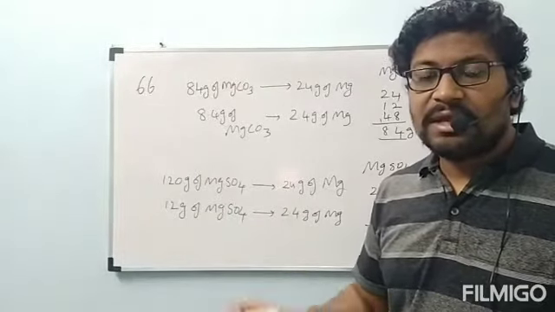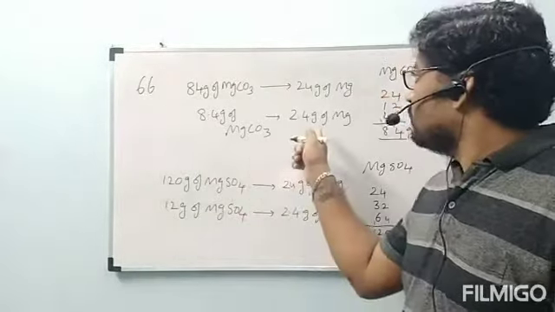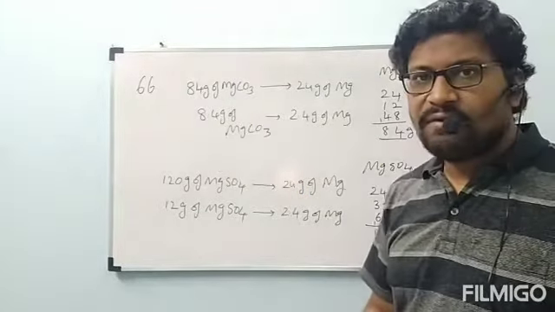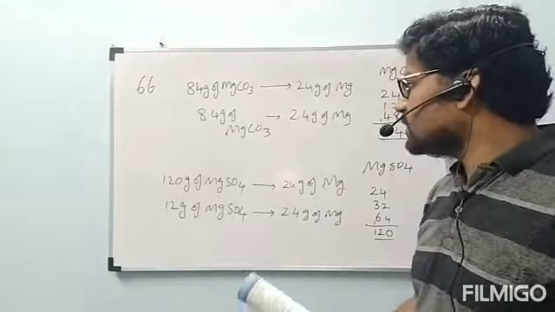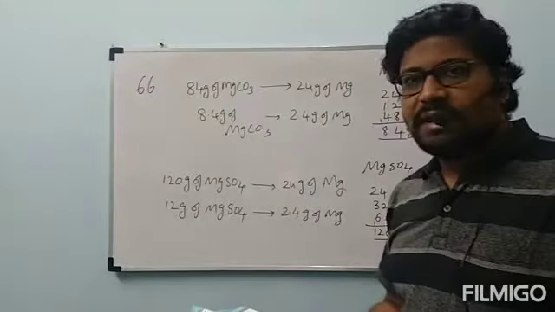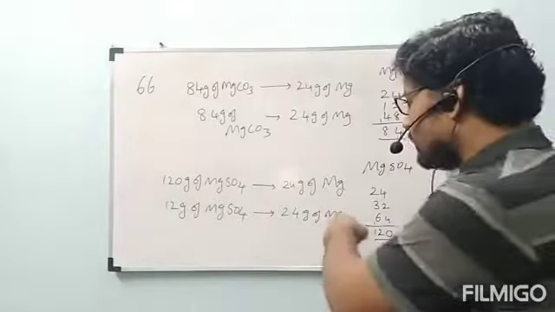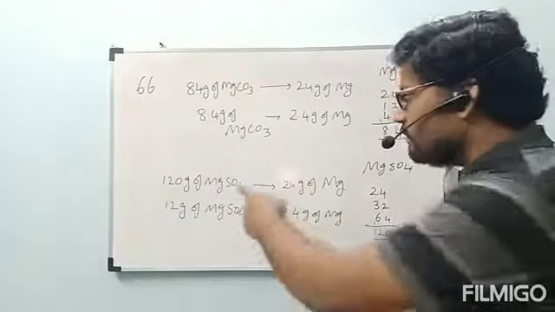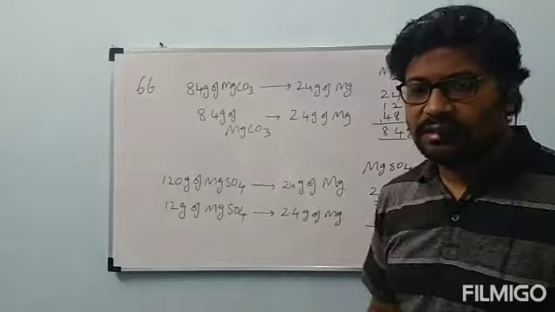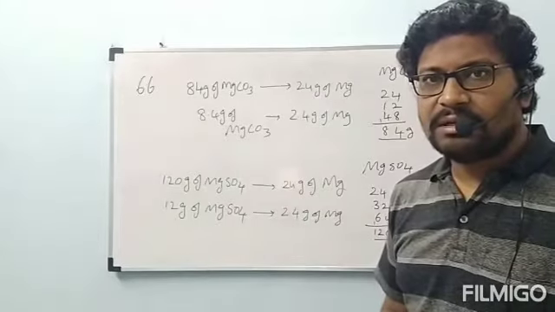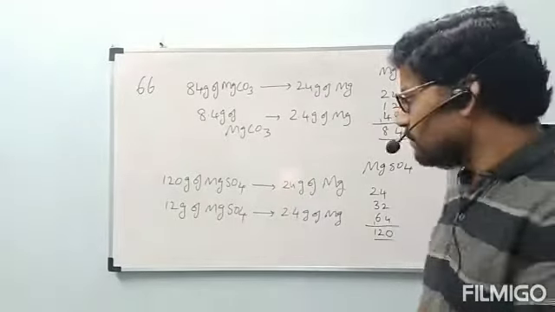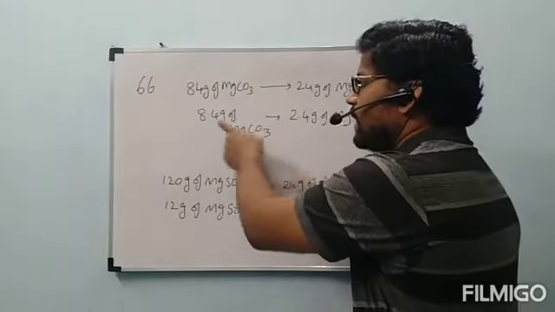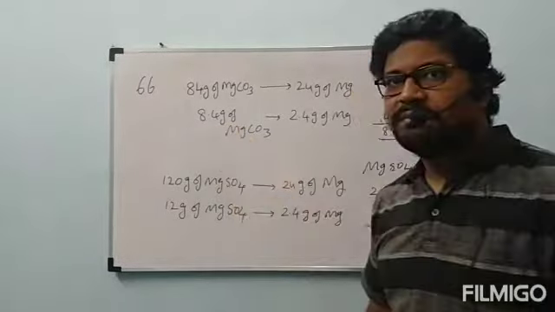They asked that much magnesium must be obtained from how much MgCO3. First we found that in 12 grams of MgSO4, there is 2.4 grams of magnesium. How did we find it? By using the gram atomic weight and molecular weight relation.